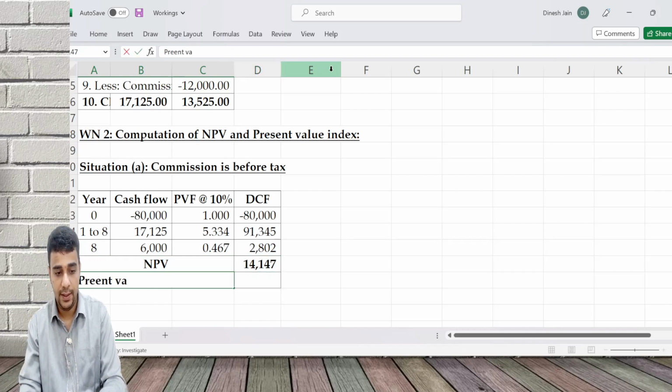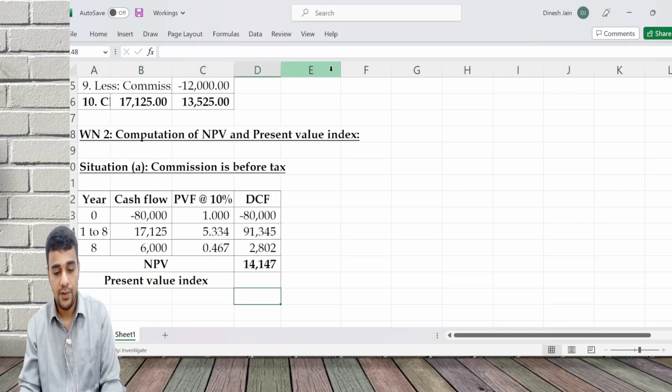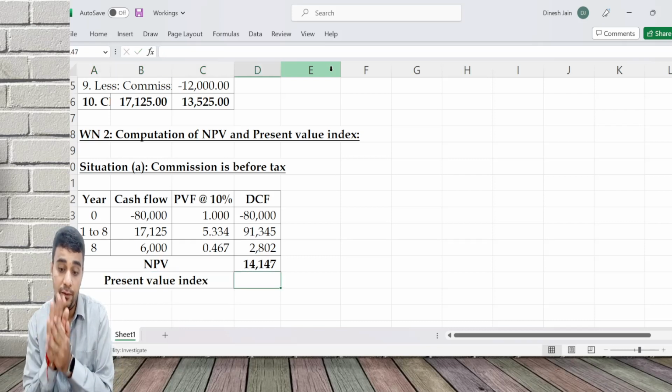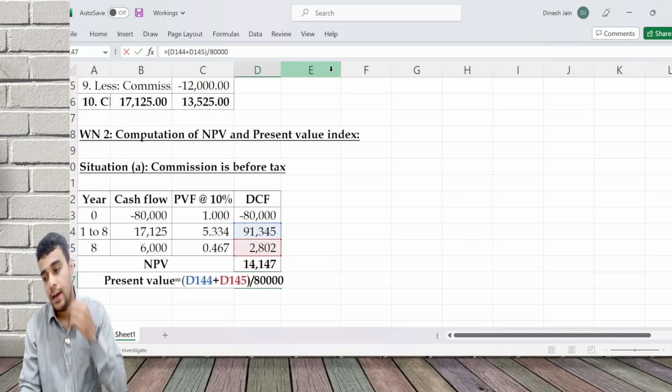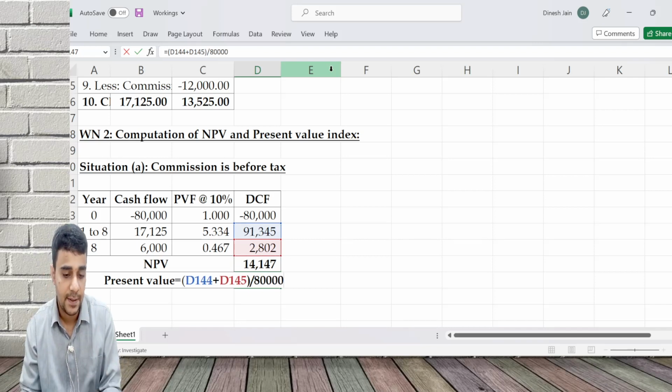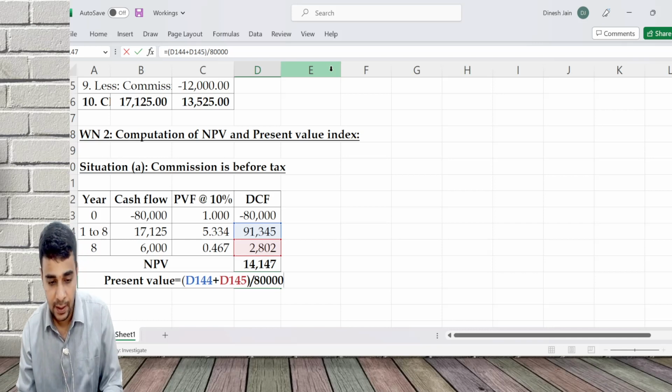Present value index, which is profitability index, is inflow divided by outflow. We can express it in times or in percentage. I think I'll express this in times.